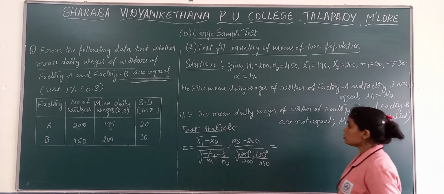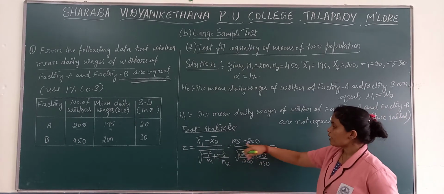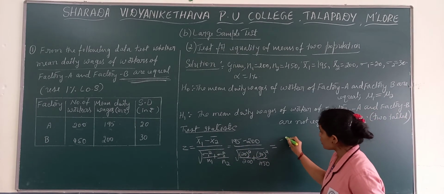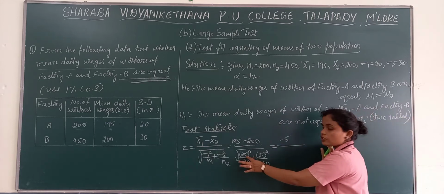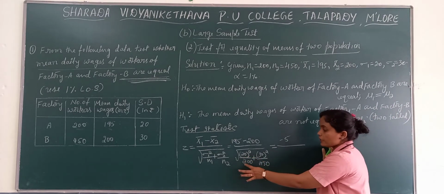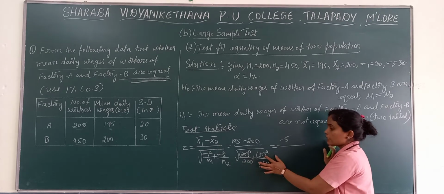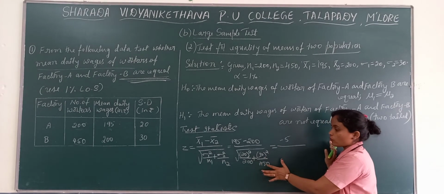Now take the values. 195 minus 200, you get minus 5. Then 20 square by 200, then 30 square by 450.